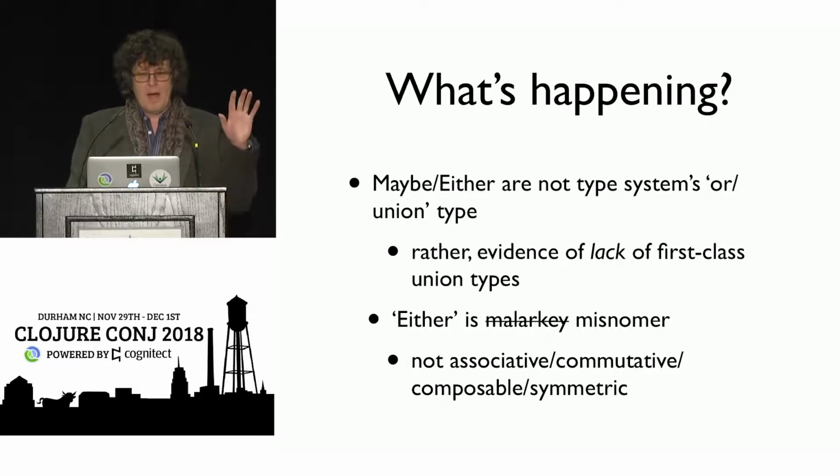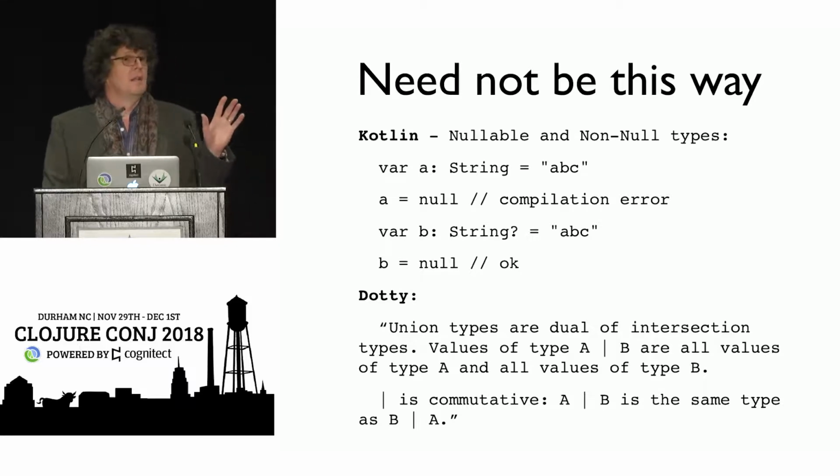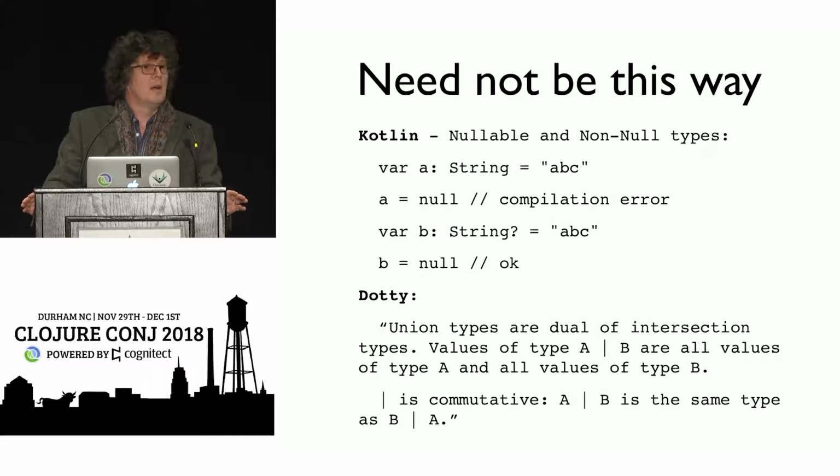So, I have a reputation for bashing type systems, and I am not. I'm bashing Maybe and Either. But other type systems have other answers to the same questions. Here's Kotlin. Kotlin has nullable and non-null types. If you say String, it's assignable from a string.